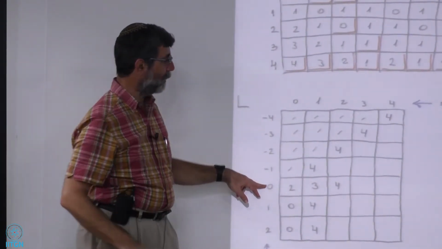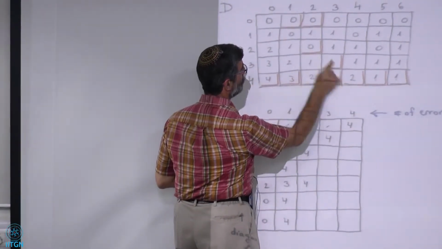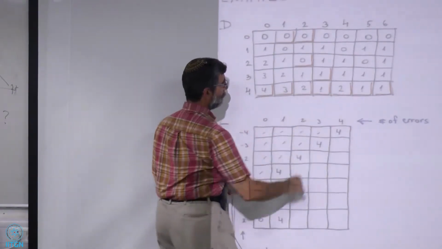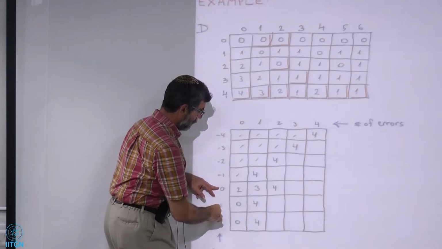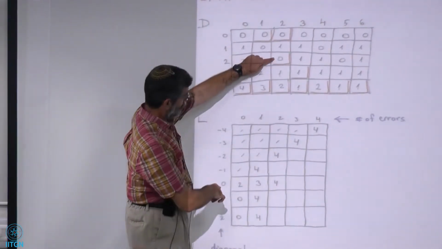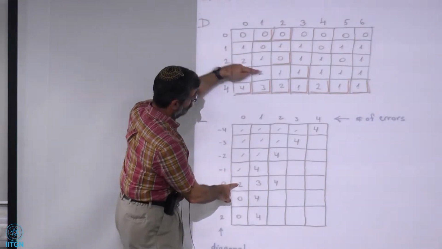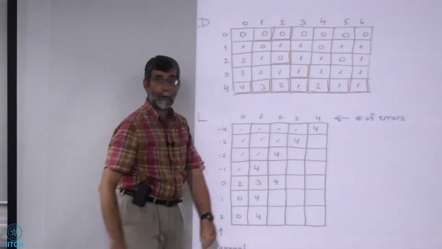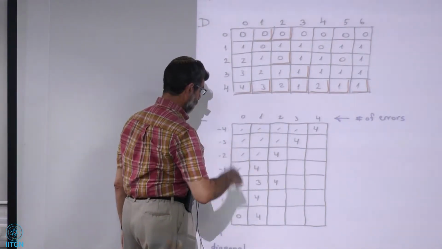How far can you go with 2 errors? That's going to be all the way to row 4. This diagonal is going to go to row 4. So the red here, 0, 1, 2, is the 0, 1, 2 that we have here, and this is row 2, this is row 3, and this is row 4. Similarly, let's look at another example.